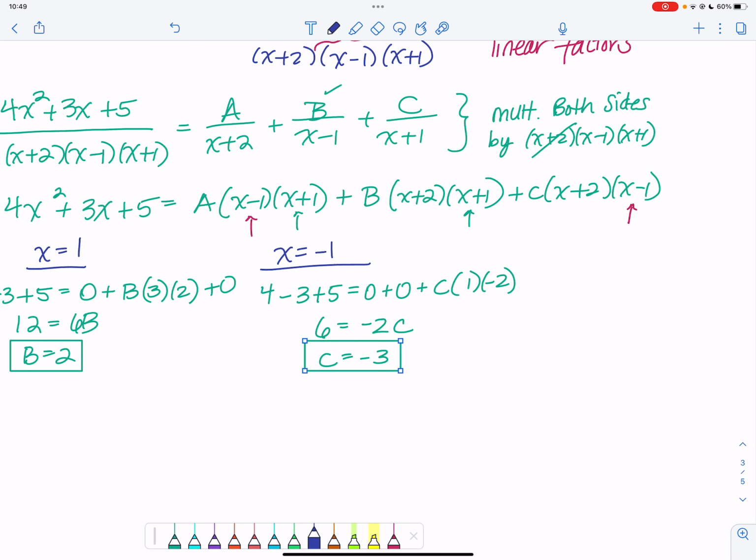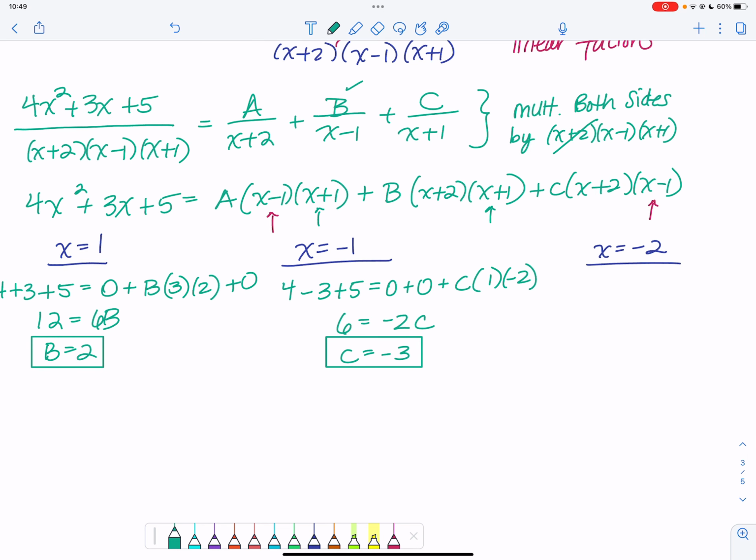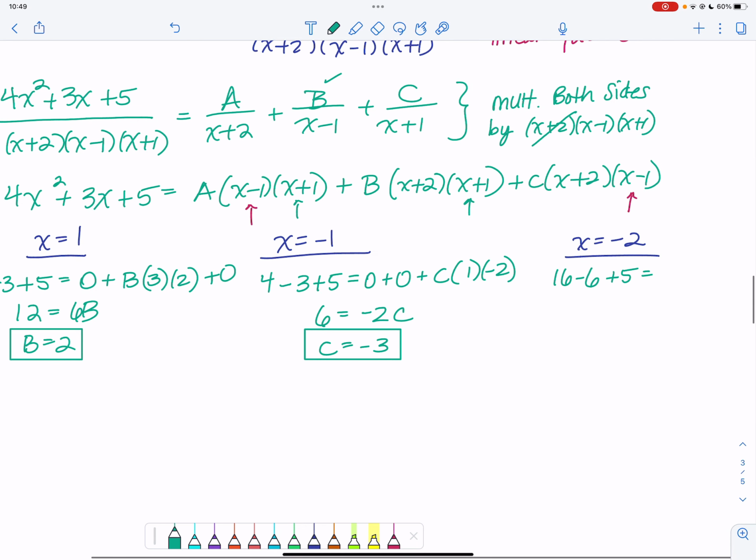Finally, we will let x be, think about that for a minute. What would we let x be? That's correct, negative 2. So now, plugging in negative 2, we have 4 times 4 is 16, minus 6, plus 5. And then, having negative 2, we will have a multiplied by negative 3 and negative 1.